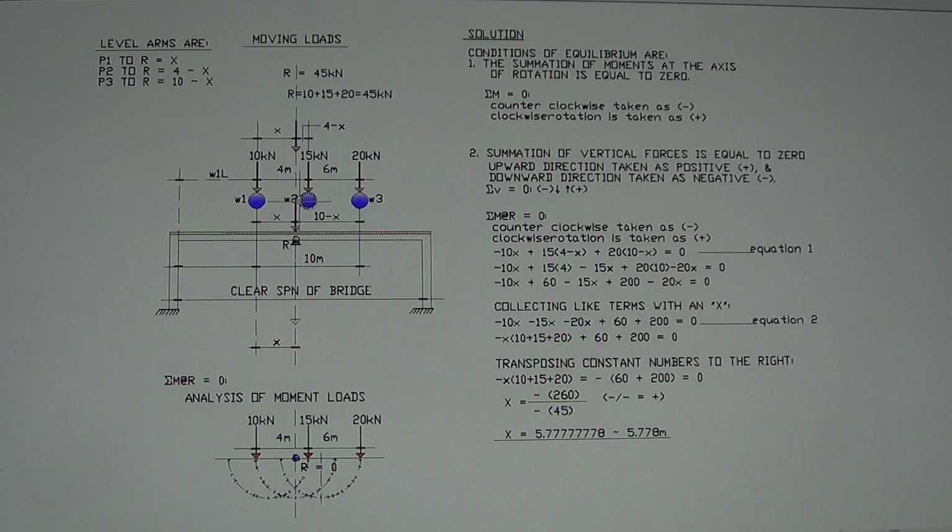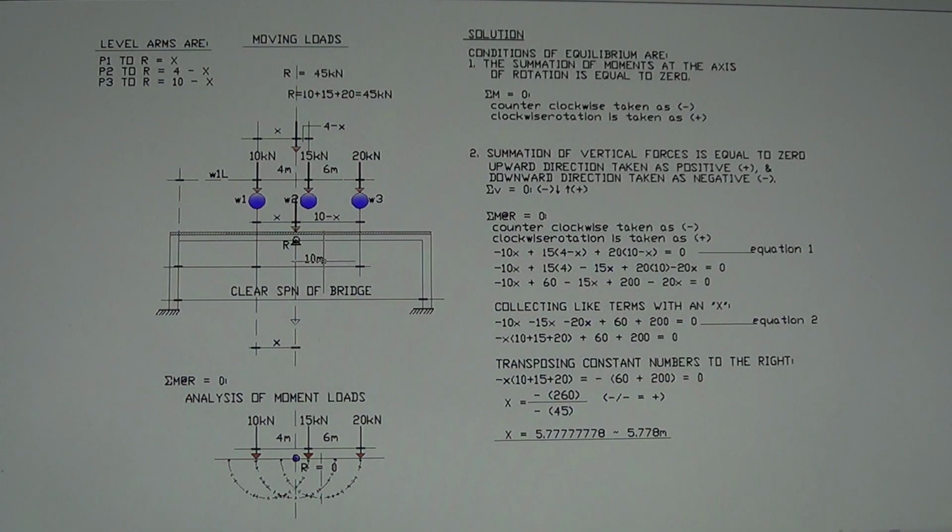When a load is classified as a couple, you don't have to put all these wheels on the bridge, but instead combine all of them into a single concentrated load, which is called the resultant load R right here. Or in other words, you have to resolve all these loads into one.